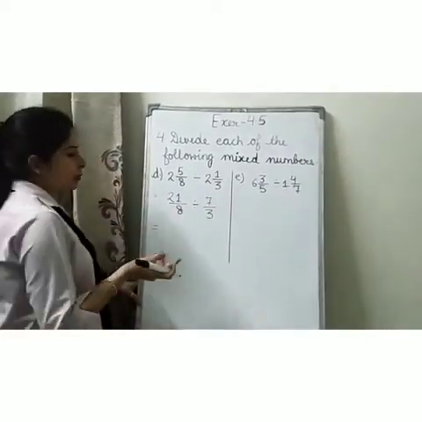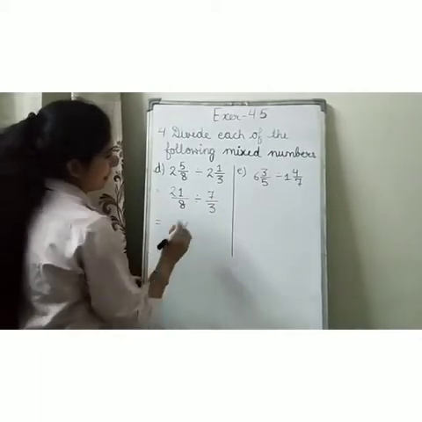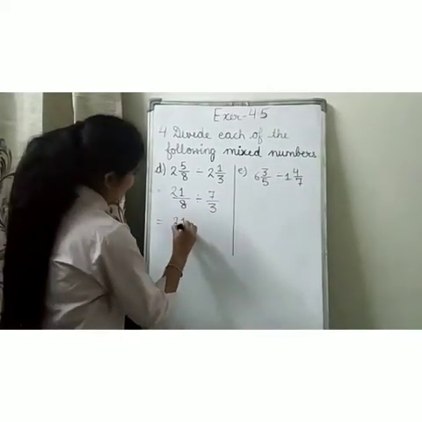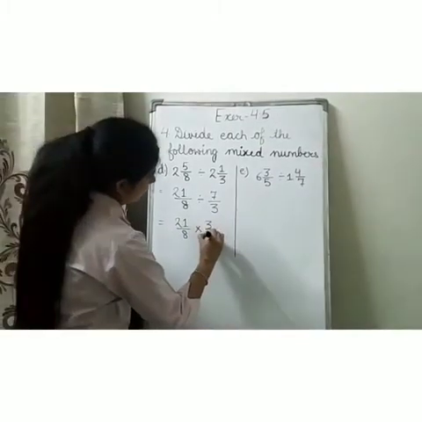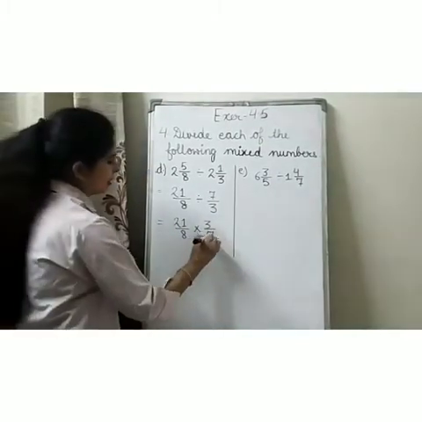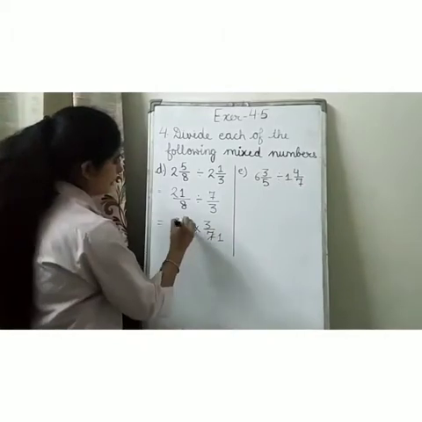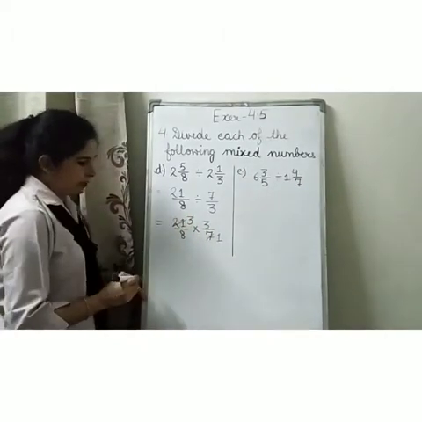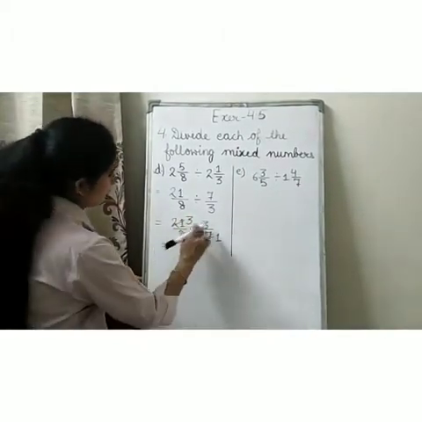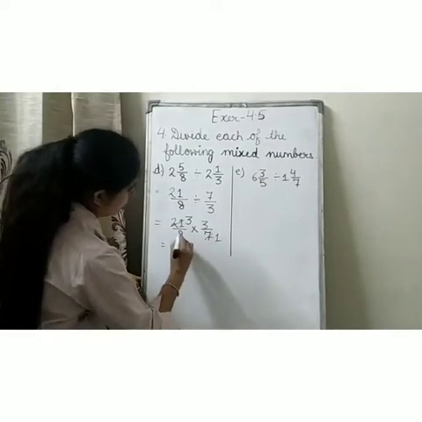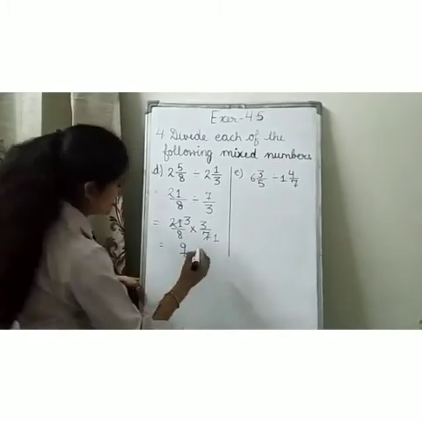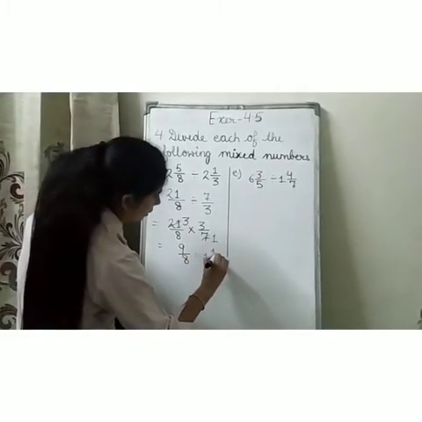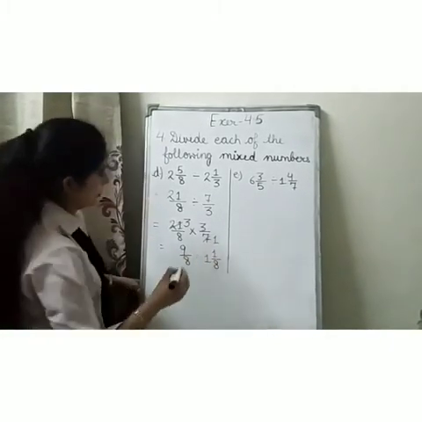Now we will take the multiplicative inverse of the divisor. 7 over 3, 21 over 8. Change the sign. 3 over 7. Do the cutting. 7 ones are 7. 7 threes are 21. No more cuttings. 3 threes are 9 over 8 ones are 8. Convert it into a mixed number. 1 and 1 over 8.